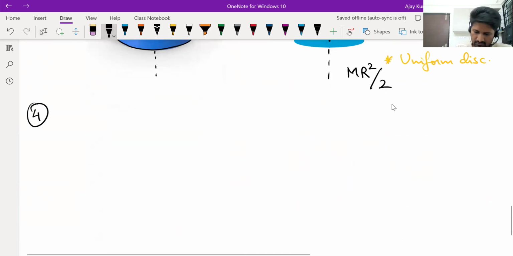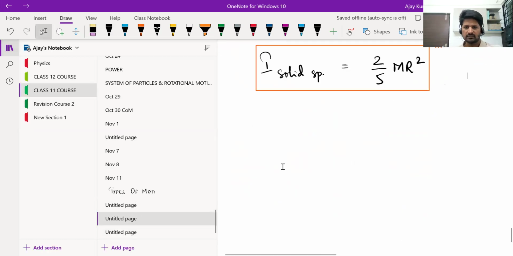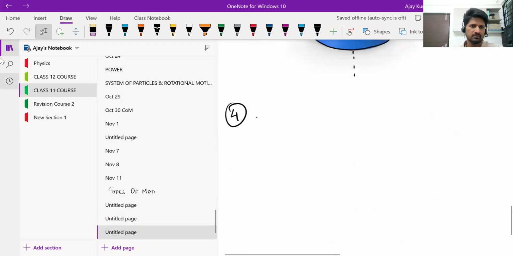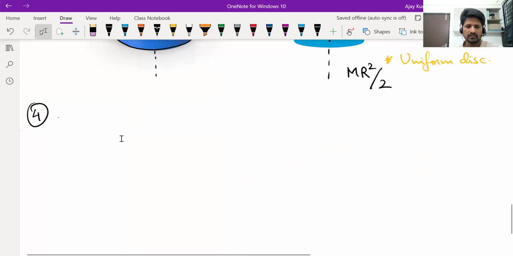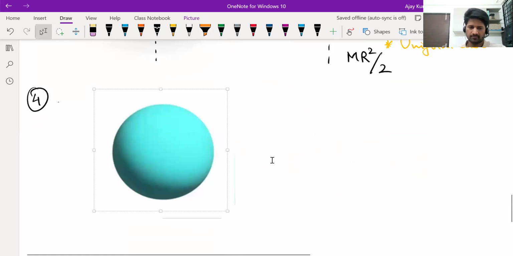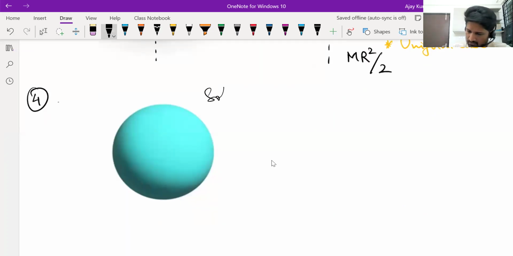Next. Now, yesterday's class, this was easy only. Yesterday's class, we derived the moment of inertia of a solid sphere whose mass is m and radius is r.